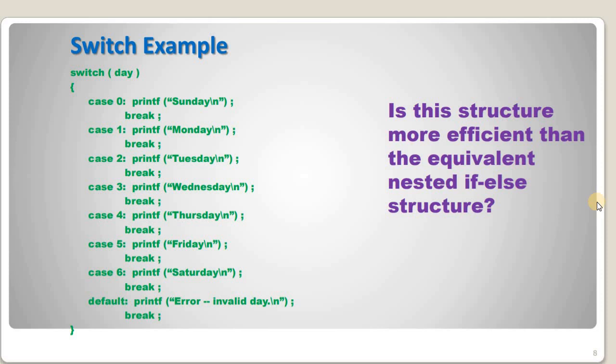So the question is, is this structure more efficient than the equivalent nested if-else structure? So this is more efficient. How? If you guys don't know this by now, तो फिर मैं ही आपको बता देता हूँ.